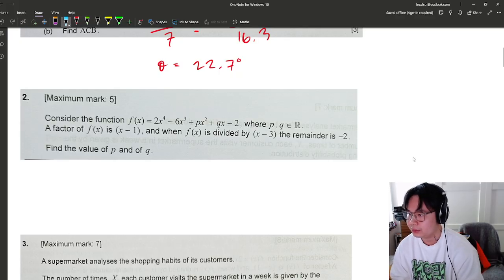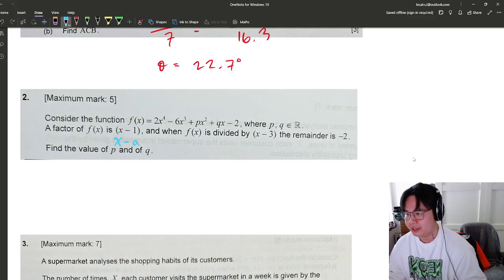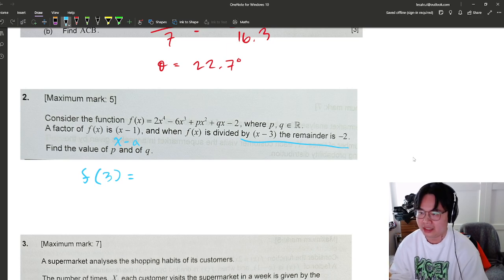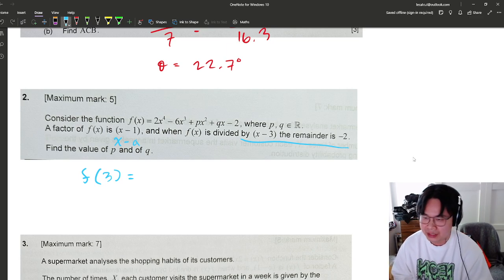So if you divide a polynomial by a binomial in the form of x minus a, then the remainder theorem says that if you plug in the value of a into your function, so like this sentence right here, if I plug in 3 into x and I calculate it, the function will give me the remainder of -2.